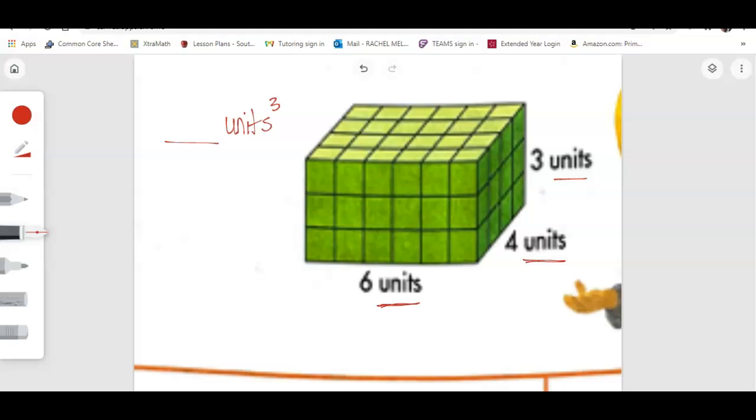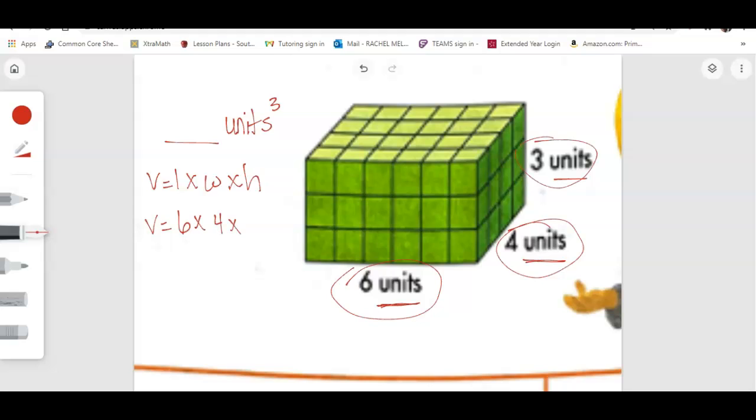All right, so we just want to use our formula, volume equals length times width times height, and we just plug in our numbers. I see that the length of this shape is right here, so that's 6. I see that the width of the shape is over here, and that's 4. And then I see that the height right here is 3.